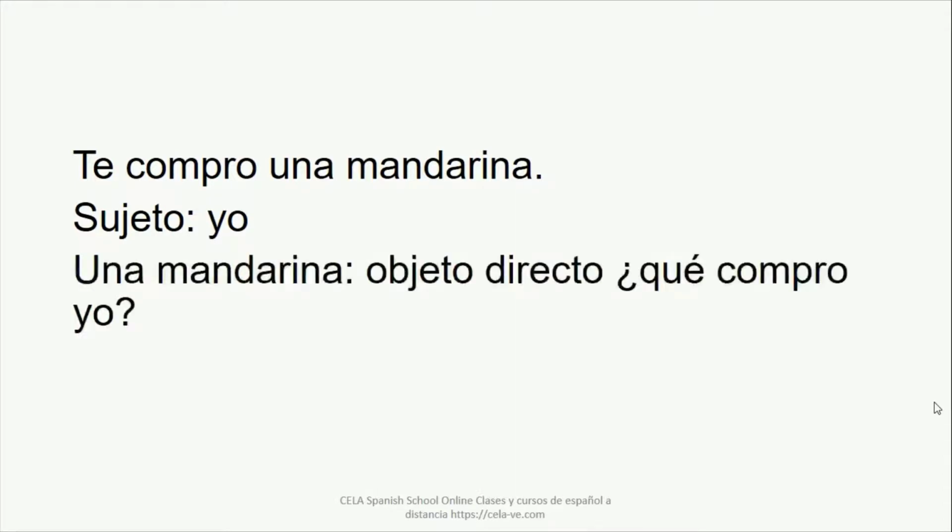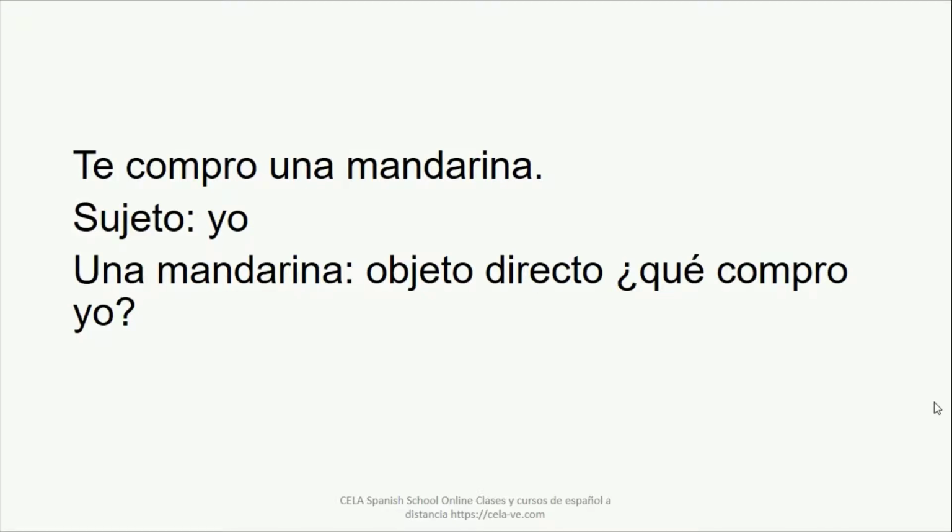Now we have the subject, but we have another element, una mandarina. Una mandarina is not subject in this sentence. It is object. ¿Qué compro yo? What am I buying? Una mandarina.